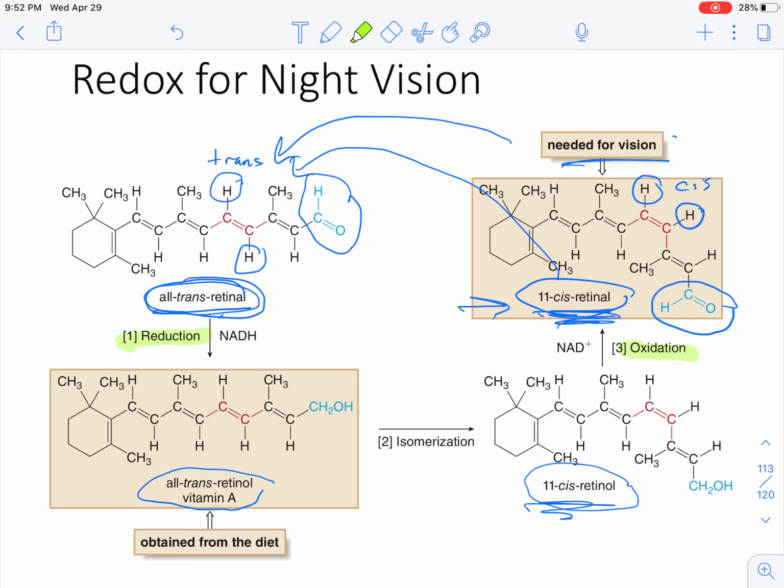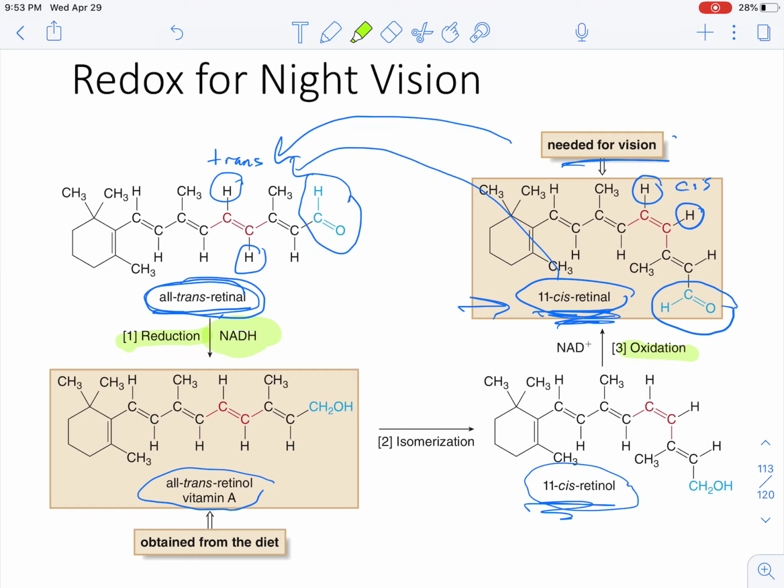The steps are an oxidation reduction reaction. And so what's going to happen is that your all-trans retinal is going to undergo reduction, and the reducing agent in this case is NADH. So if you have taken biology, you should have come across NADH when talking about, for example, ATP or the production of energy and all that stuff.